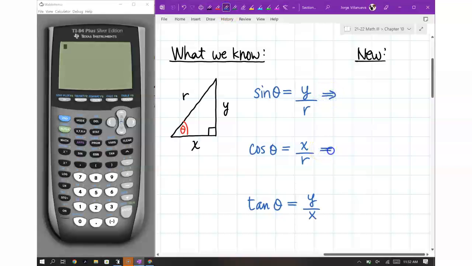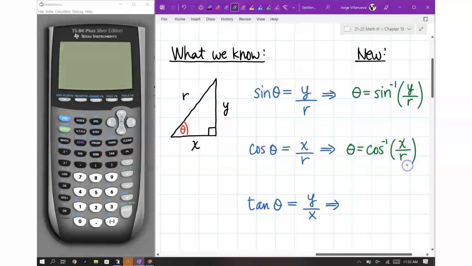I can solve for the angle in those equations. Okay? In one really quick move, in one quick step. It looks like this. Theta equals sine inverse of Y over R. Okay, for cosine, I can use theta equals cosine inverse of X over R. So this is what we're going to be using today.